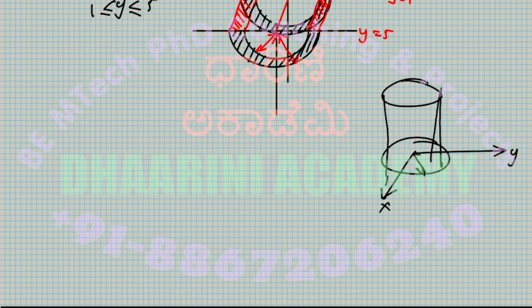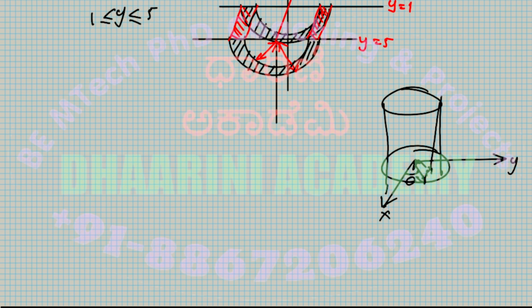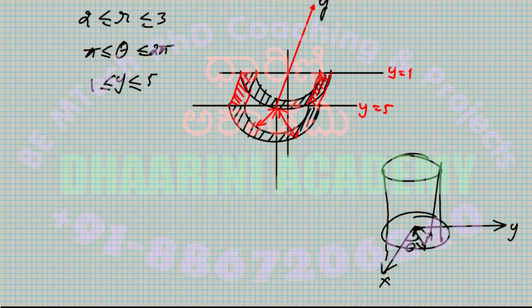I used x and y to calculate the r and theta, right? What if, no, theta is not given. Anyway we found it. We found theta is between pi to 2 pi.